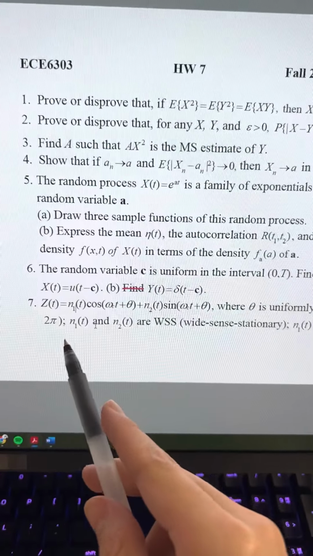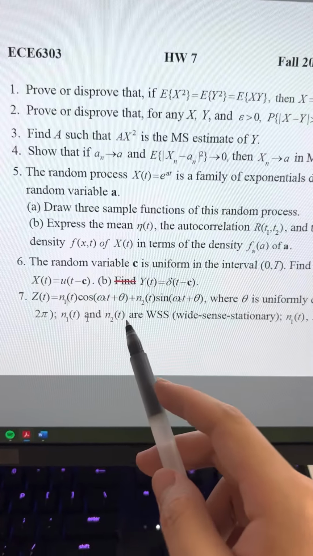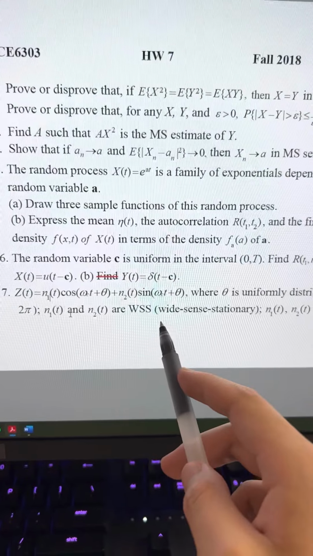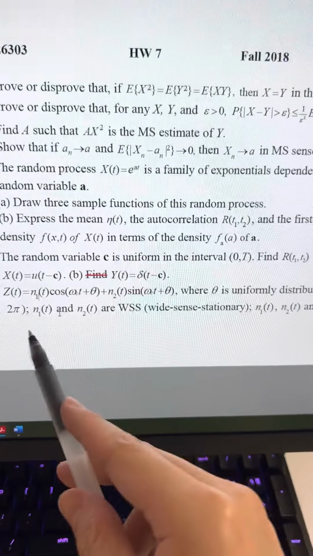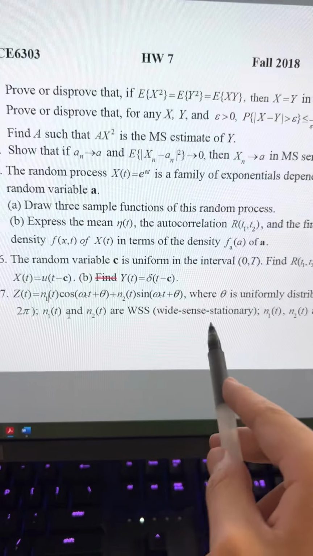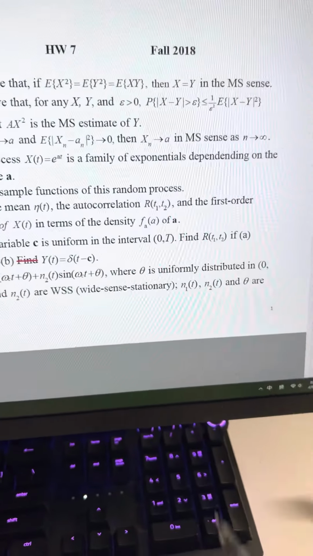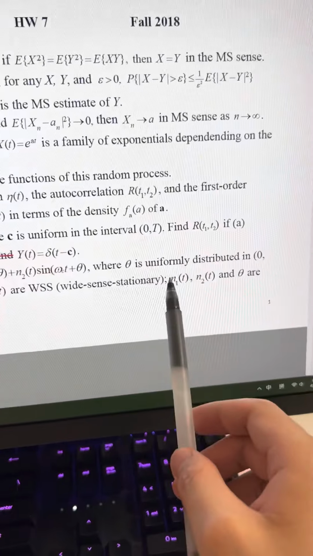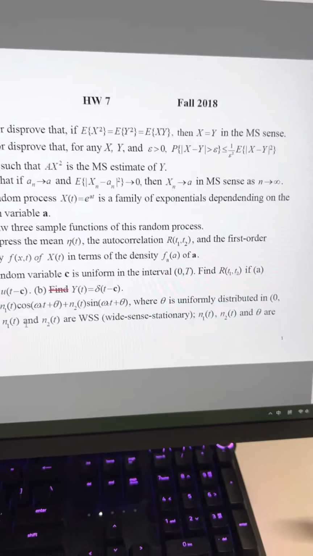It also told us that N1(t) and N2(t) are wide-sense stationary, which is a very important property we need to use for the following steps. And it also told us that N1, N2, and theta are independent.